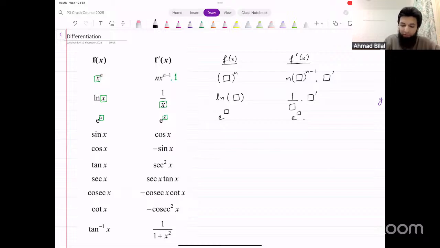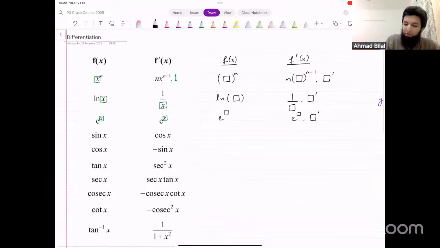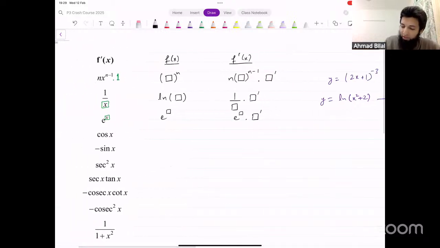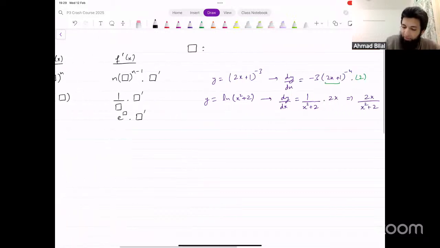However, whatever is coming in place of x, you have to multiply by the derivative of that as well. So you have this multiplying on the side. Okay, so what am I representing this box by? As in, what does this box represent? This represents any expression in terms of x, right?